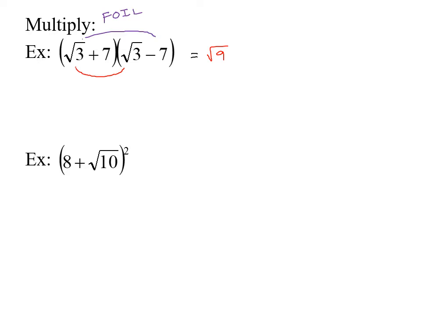The 7 and the root 3 don't really have anything in common. They don't have a radical on both of them. So we just write it basically the way it looks, 7 times root 3. The inside will give me a positive 7 root 3. And then the last one's 7 times negative 7 is negative 49.